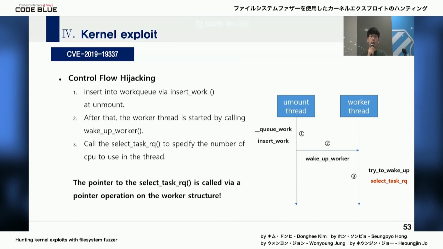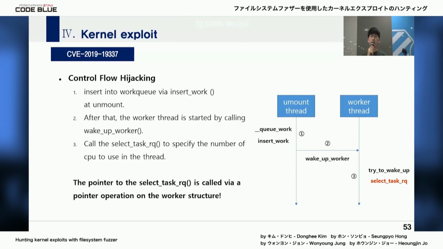Second, a worker thread is created through the wake up worker function called from the unmount thread. Third, it calls the select task RQ function pointer that exists in the structure field to specify the CPU number to be used by the thread.